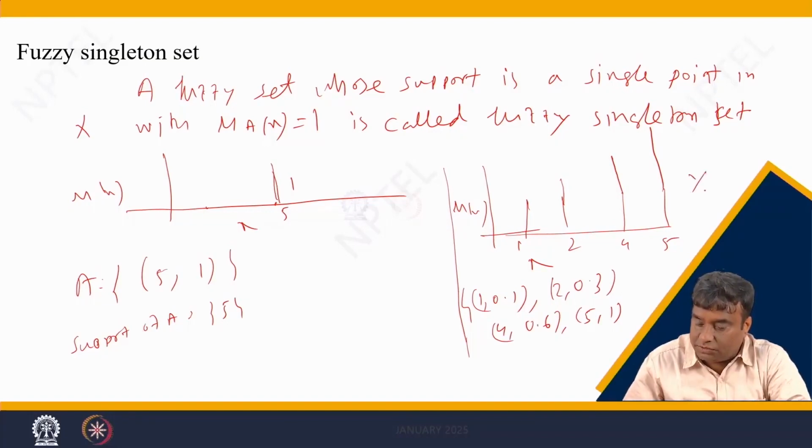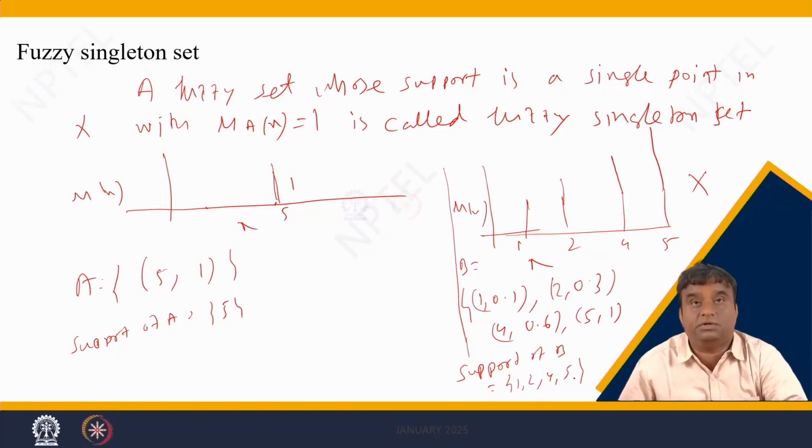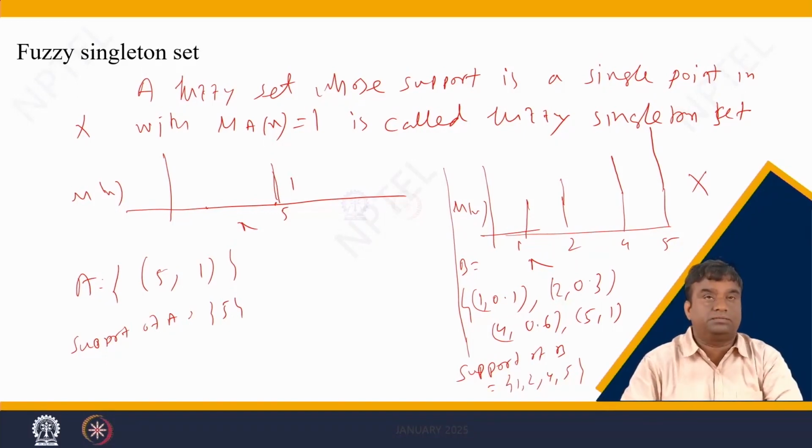This is not a fuzzy singleton set. Suppose this is B. The support of B is 1, 2, 4, 5, which is not a single point. So that is not a fuzzy singleton set.